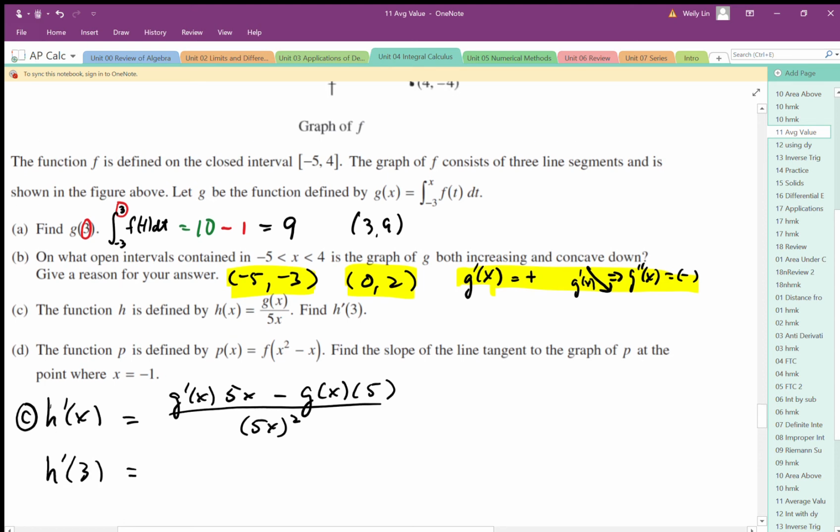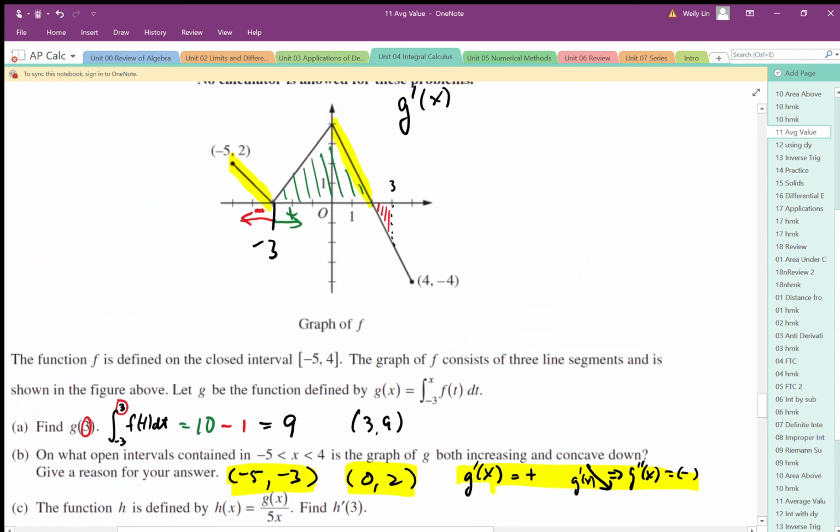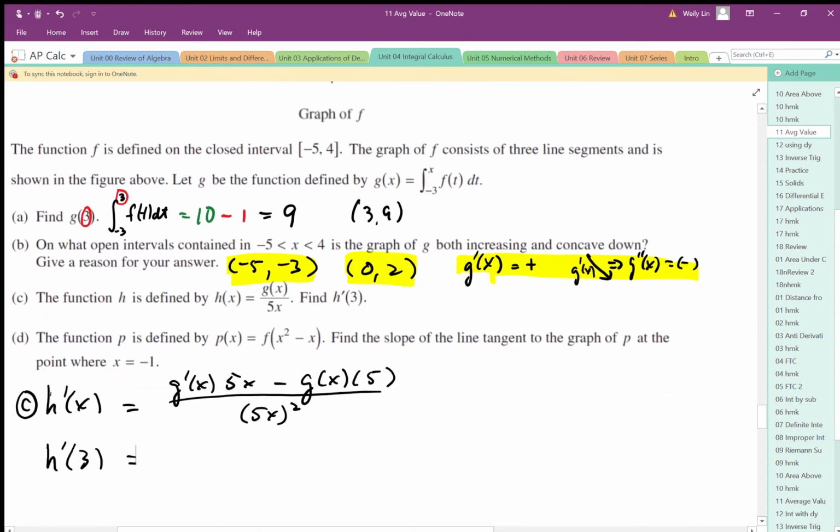So we're looking for the g prime value when x is 3. That's the same as f of 3, because this is a g prime graph. When x is 3, y is -2. So g prime of 3 is -2. X is 3, so I'm just going to plug the 3 directly into my x.